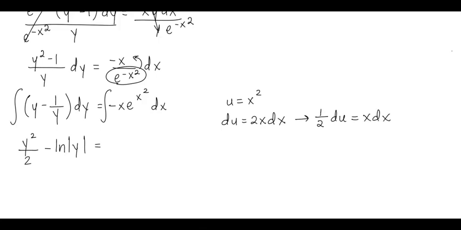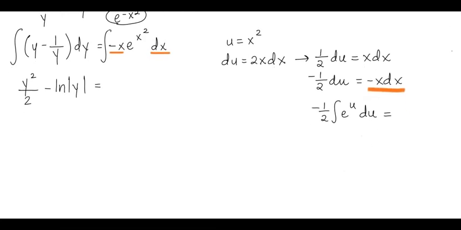We do have that minus sign there, so technically we're working with negative 1/2 du is negative x dx. So this negative x dx picks up all of that in the negative 1/2 du. So our integral becomes negative 1/2 the integral of e to the u du. Thinking back to Calc 1, the integral of e to the u is e to the u, so we have negative 1/2 e to the u plus c.